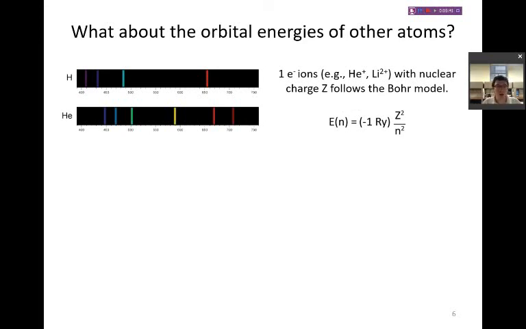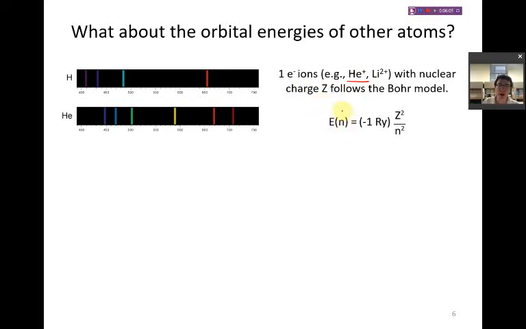Let's first take a look at elements with single electrons but different numbers of protons. Helium, for example, has 2 protons and 2 electrons. If we look at helium with a positive charge, it's going to follow the Bohr model.